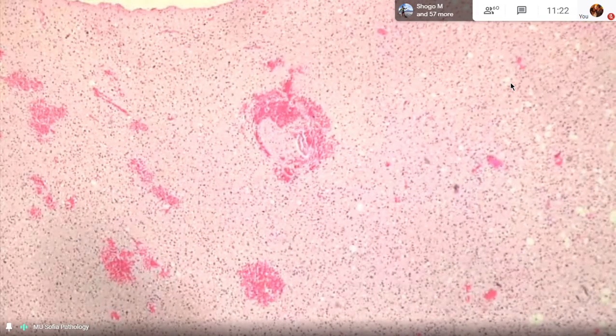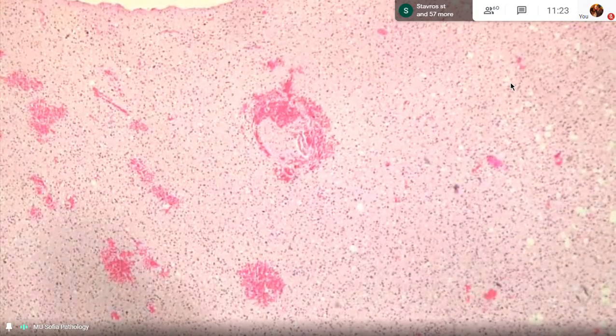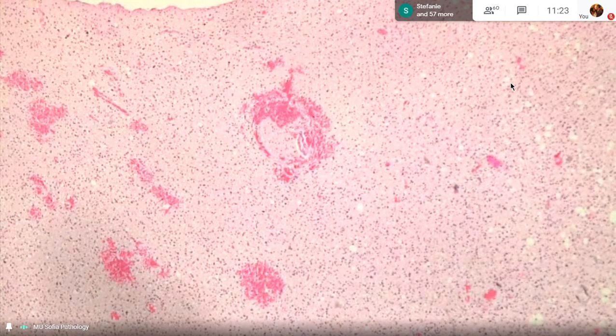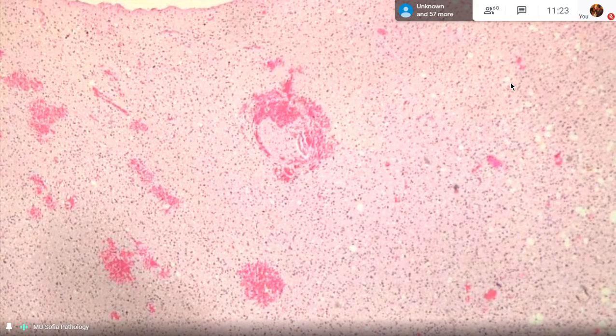And you should think of a tumor of the nervous system if you have such a patient with nonspecific symptoms. And these are usually young people. So you should be alarmed and think of these tumors.